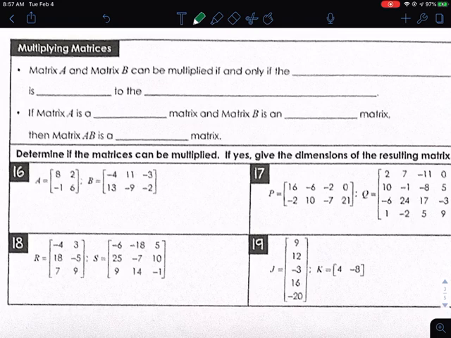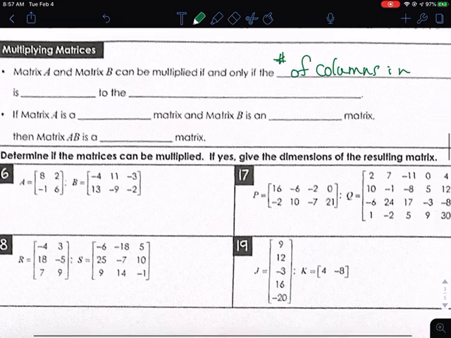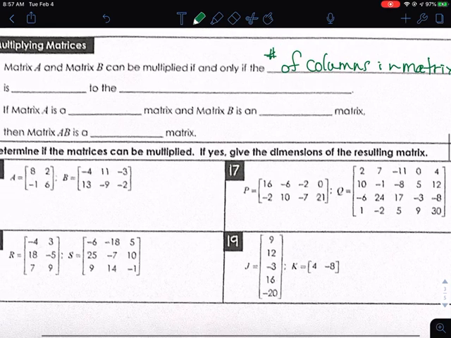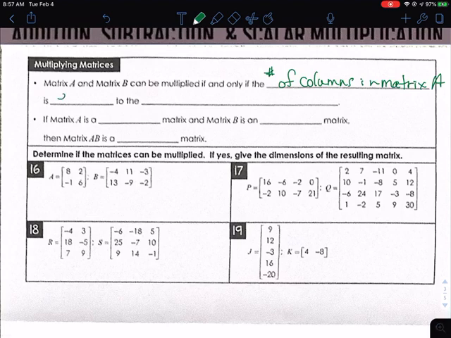So it says matrix A and matrix B can be multiplied if and only if the number of columns in matrix A is equal to the number of rows in matrix B.